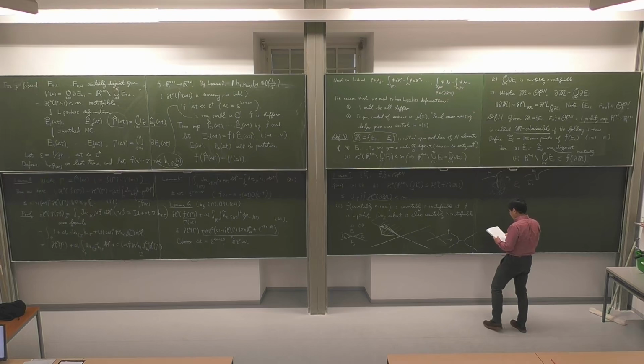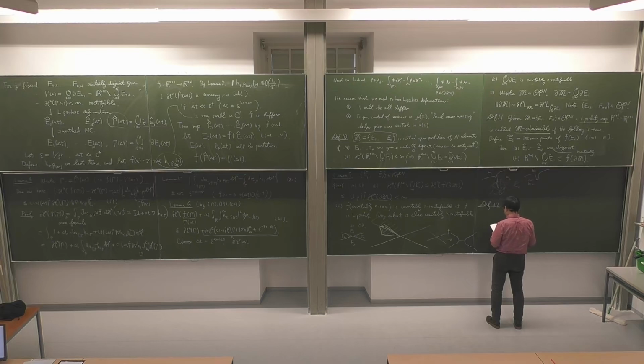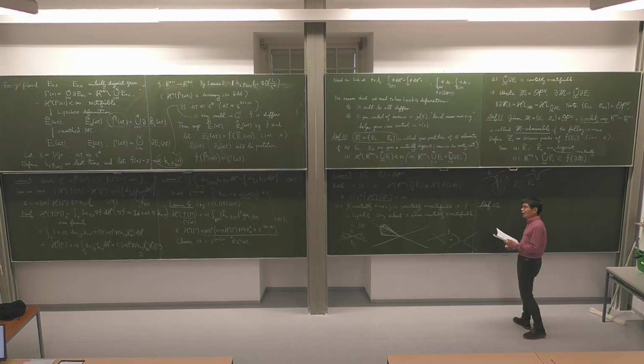And now, there's still more definition, unfortunately. I hope that it will be reasonably over. Now, I defined this admissible class. Now, I want to further restrict my class as follows.